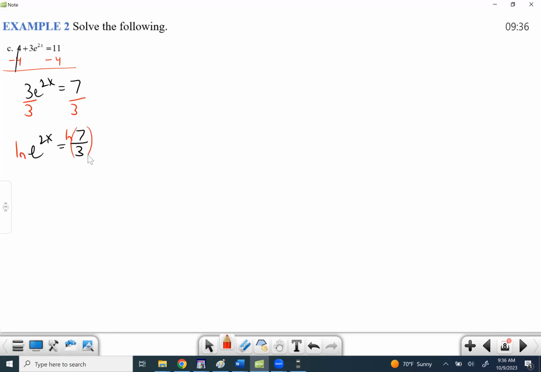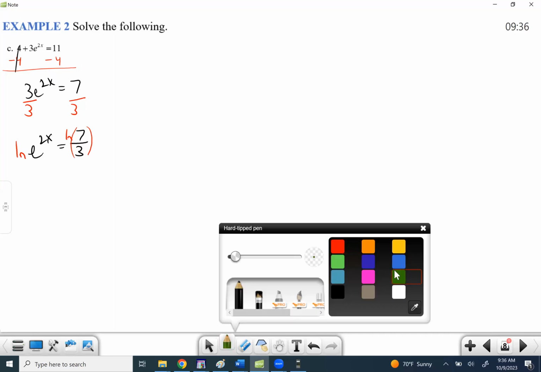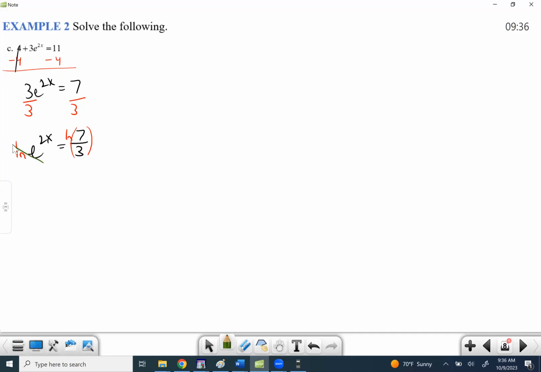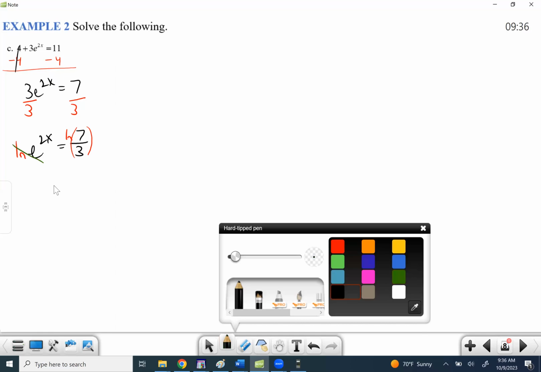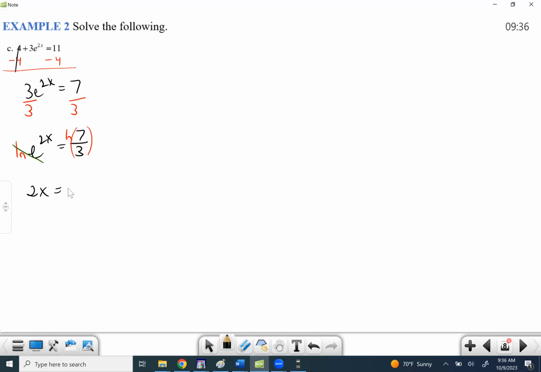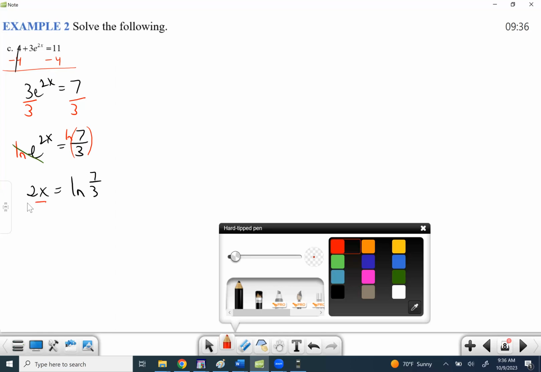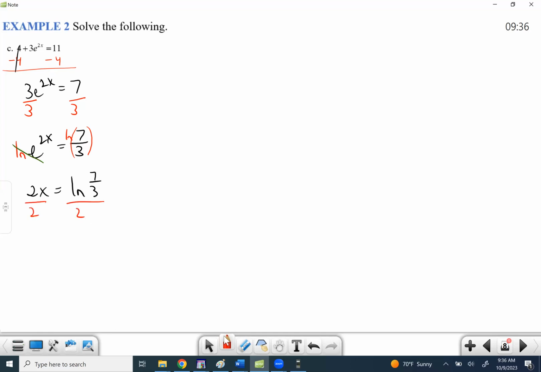That's all of it that's being natural log. And remember, natural log and e are inverse functions, so they will actually cancel each other out, and just the 2x will remain. All right, so our last step is to divide by 2, and we have the x isolated.